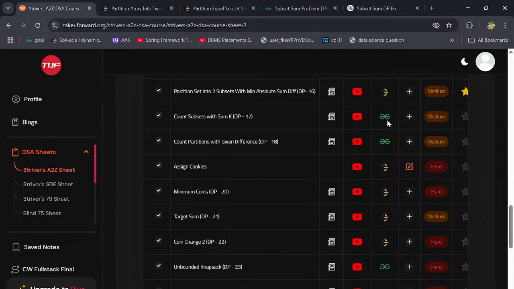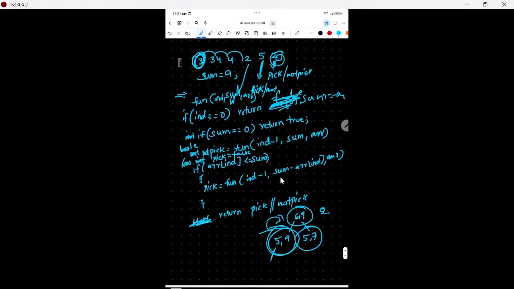Remember one thing: for counting, nothing will be changed. Let's say we count the number of subsets, everything is the same. Instead of returning when index equals 0, return 1 if array of 0 is equal to the target that we need, or else 0.